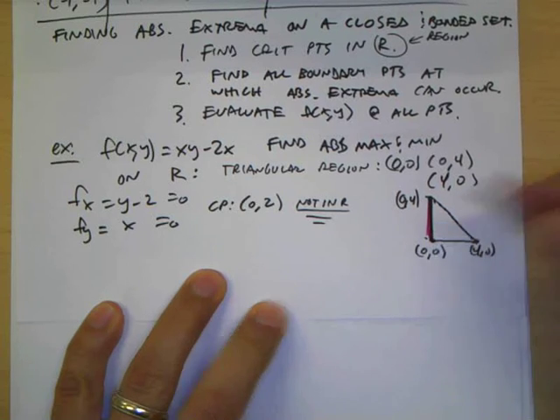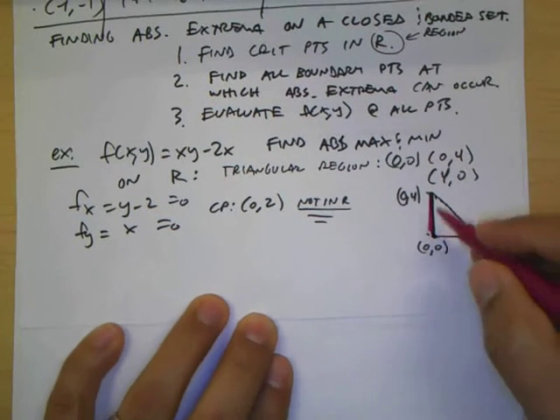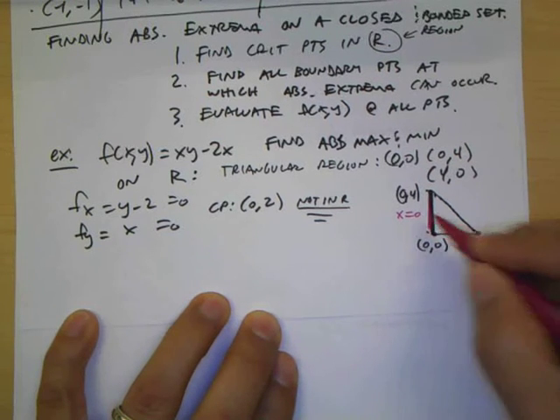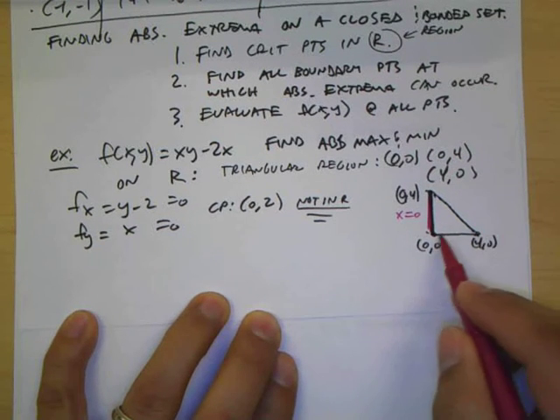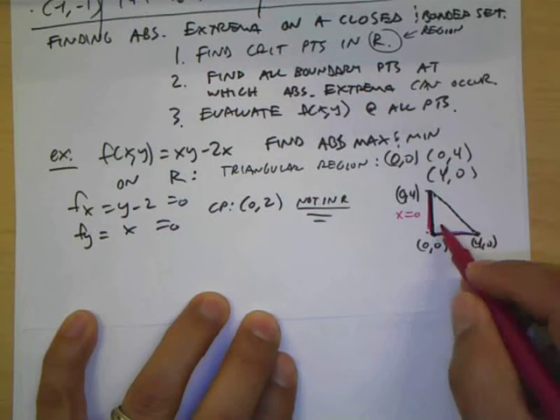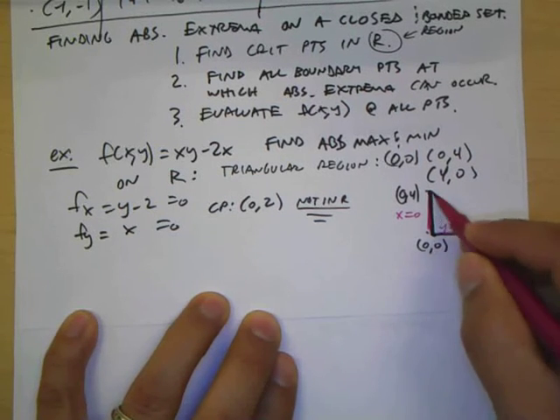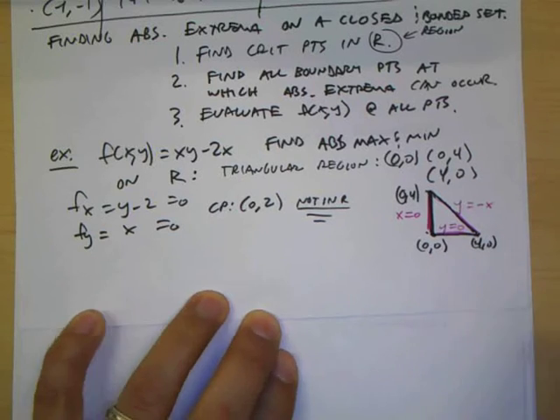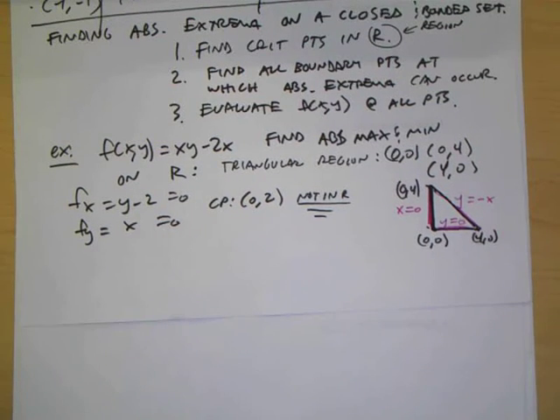Let's do this side first. What's the equation for that side of the triangle? X equals 0. Let's actually write them all down. X equals 0, this one would be y equals 0, and this is? Good. So those are the three things we're going to check.